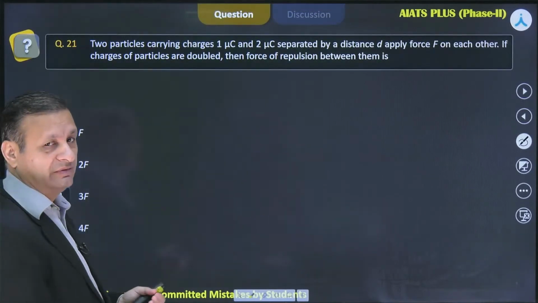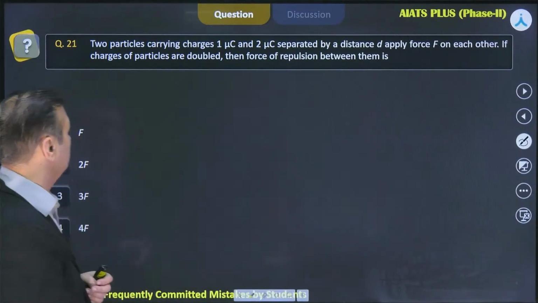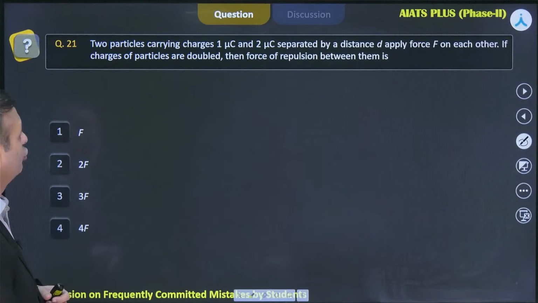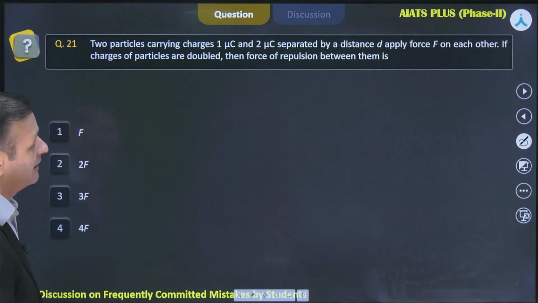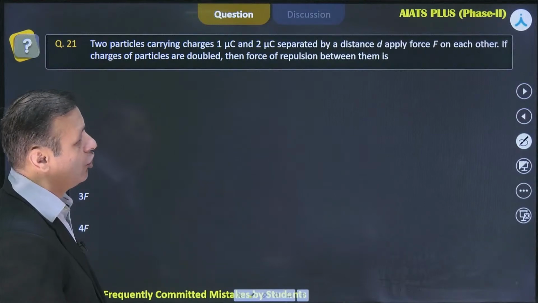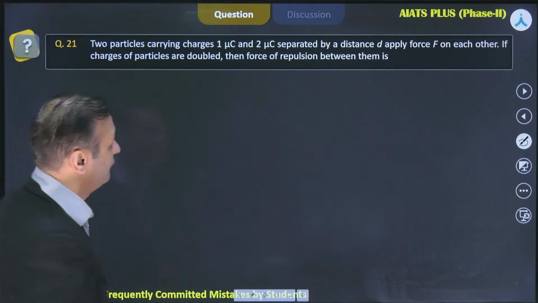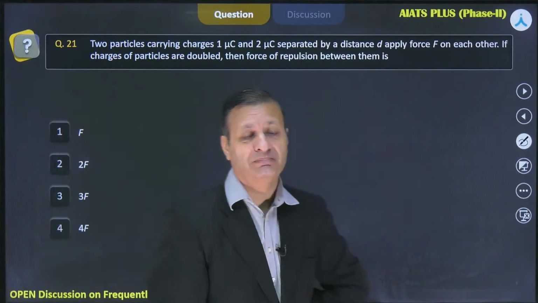Now we have a next concept. Two particles carrying charges 1 microcoulomb and 2 microcoulomb separated by a distance d apply force F on each other. If charges of particles are doubled, then force of repulsion between them is.